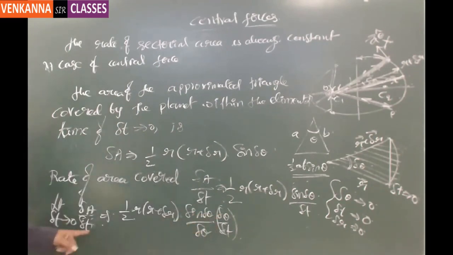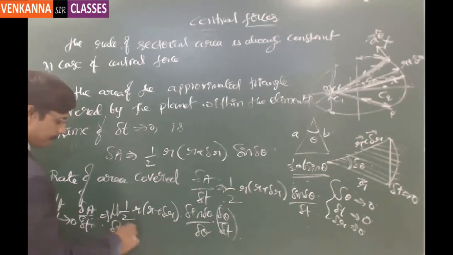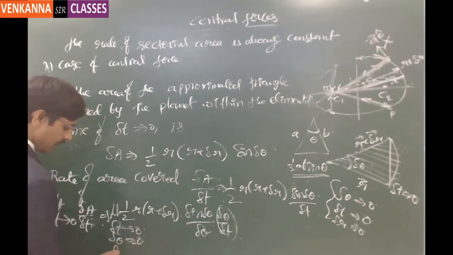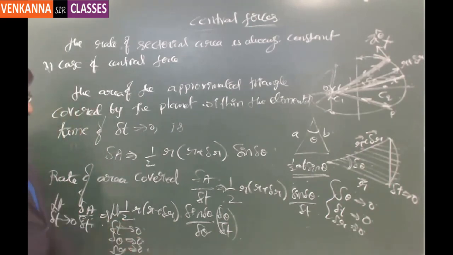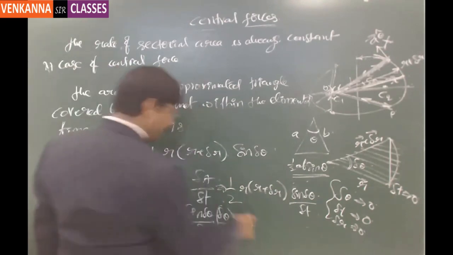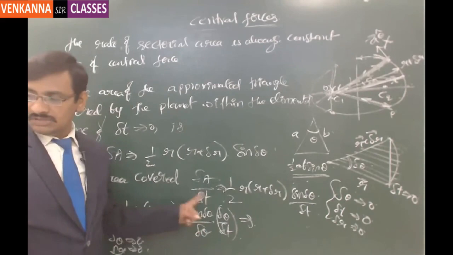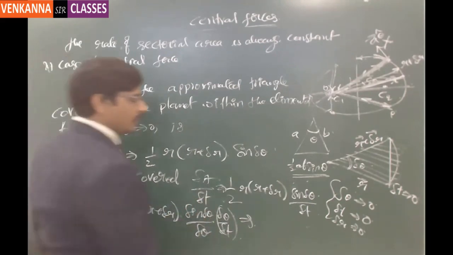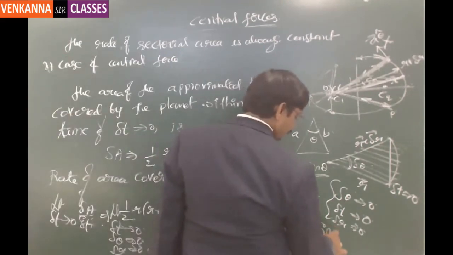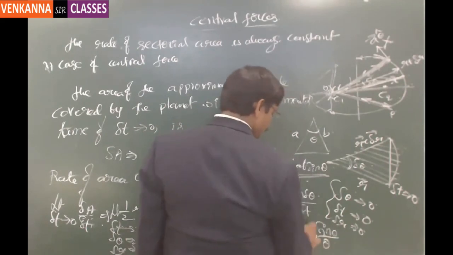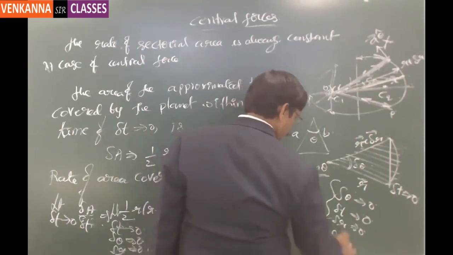So as delta t tends to 0, delta theta also will tend to 0 and delta r also will tend to 0. Then sine delta theta by delta theta, as delta theta tends to 0, can be replaced with 1. Hence, sine theta by theta, limit theta tending to 0, is going to be 1.